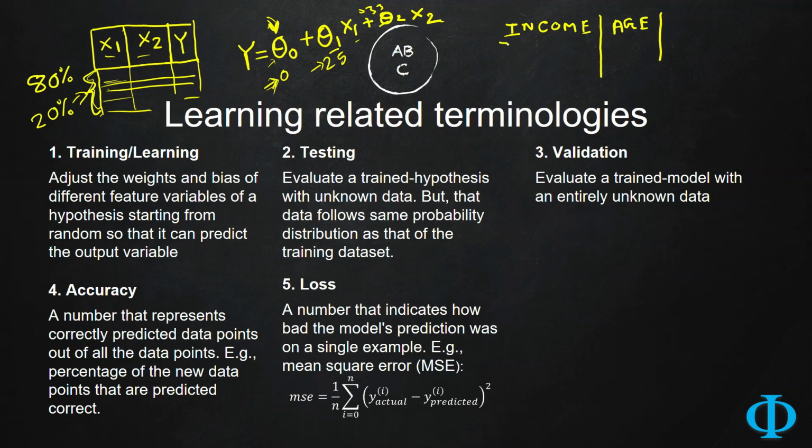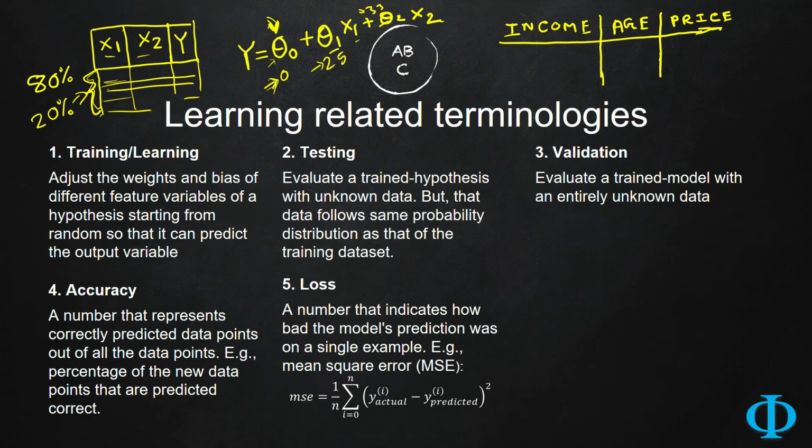So this is your x1 and x2, and you are trying to predict the real estate price. Let's say this is the real estate price that you want to predict.